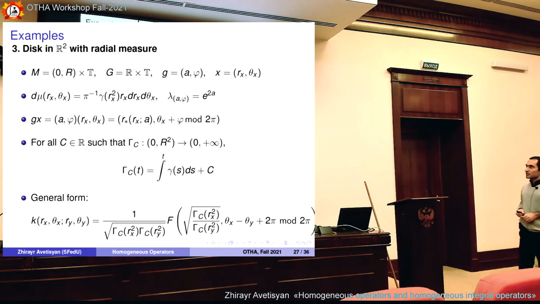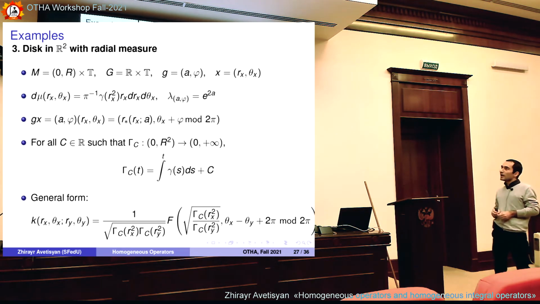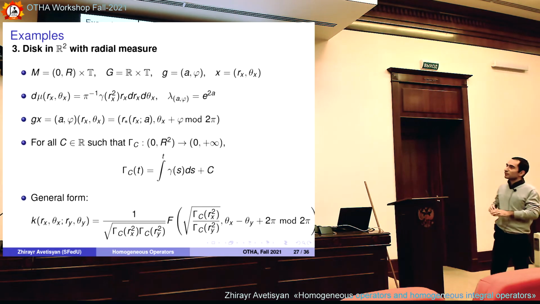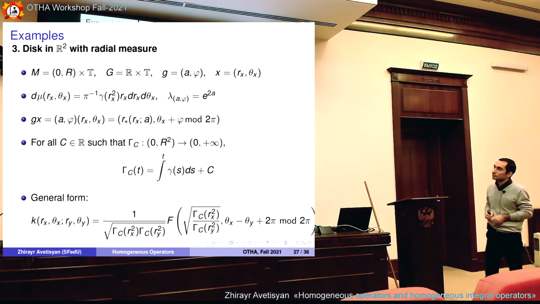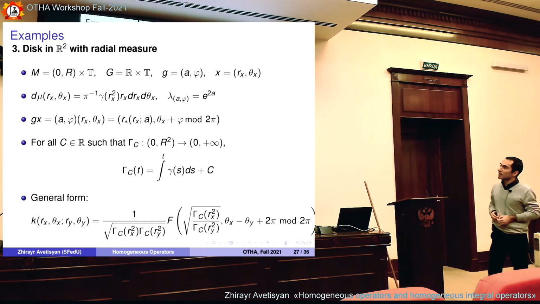Right, now let's consider a little bit more general situation. You have a disk on the plane with any radial measure, right? So your measure is, as written on the second line, a certain almost everywhere positive integrable function gamma of Rx squared times Lebesgue. You have the character lambda, which is e to the 2a.